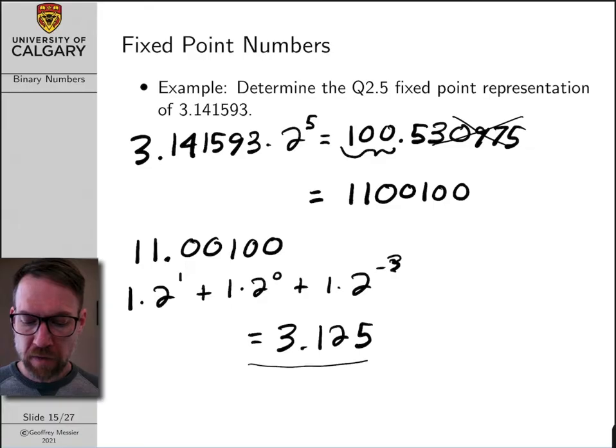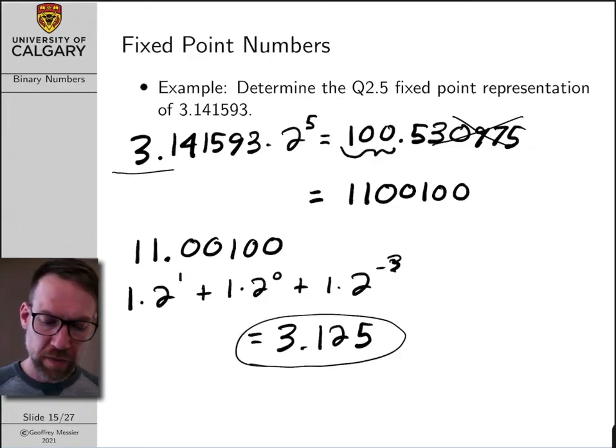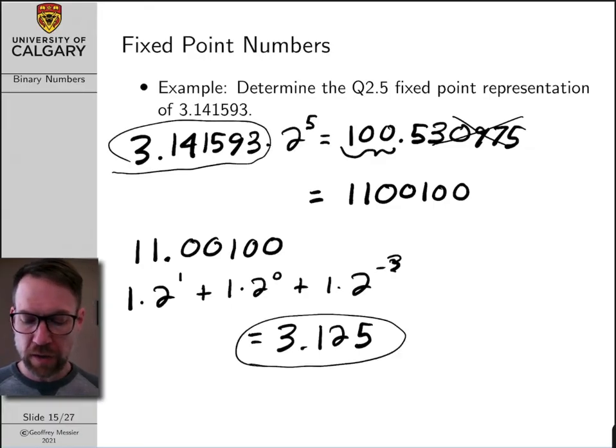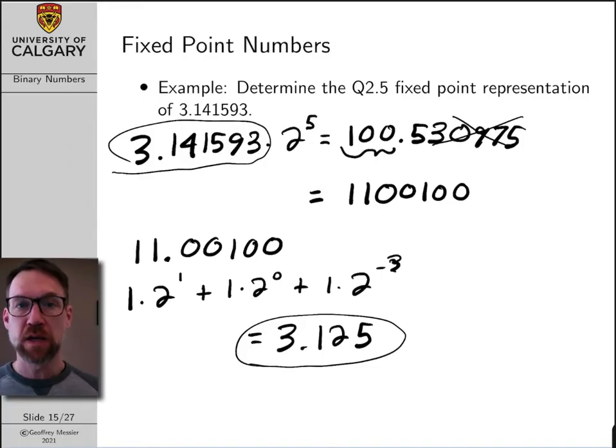And so if you compare this number with our original desired number, you can see the error that we introduce by representing our desired real number by this relatively crude and limited fixed point representation.